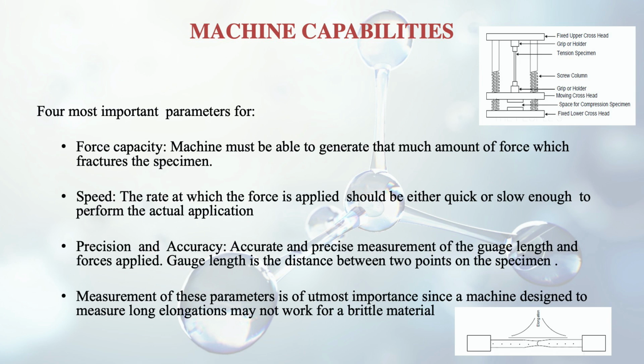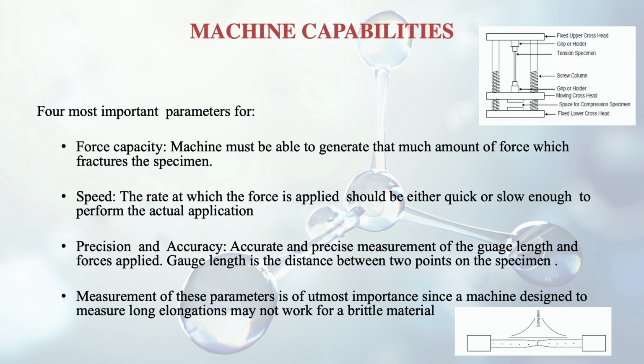Further, speed, the rate at which this force is applied, should also be known. Whether the test is being carried out very quickly or very slowly enough to perform the actual application. And further, precision and accuracy. For all kinds of tests we need it to be precise as well as accurate. For that purpose, measurement of gauge length and forces applied is also very necessary.